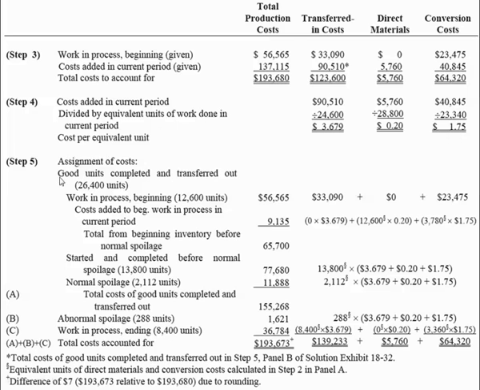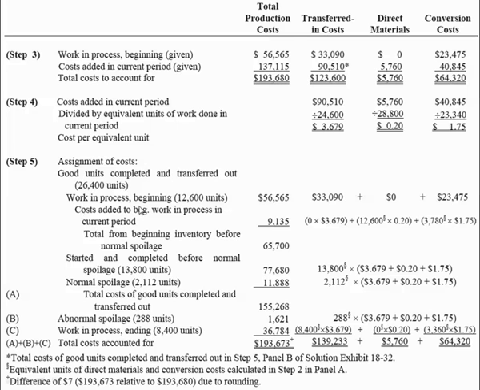Assignment of costs. First, for good units completed and transferred out. First, from work in process beginning, costs 33,090 plus 0 plus 23,475.